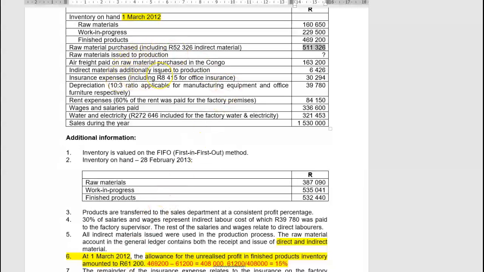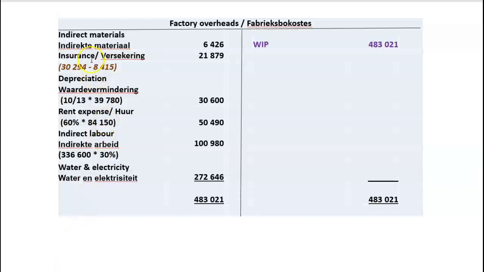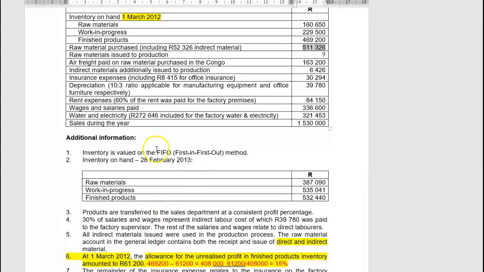Right, insurance expenses, including 8,415 for office insurance. So the portion of the insurance that relates to the factory will be the difference between the two, and that is also an overhead cost. So insurance here, 30,294 less 8,415 gives us a total of 21,879. Depreciation.